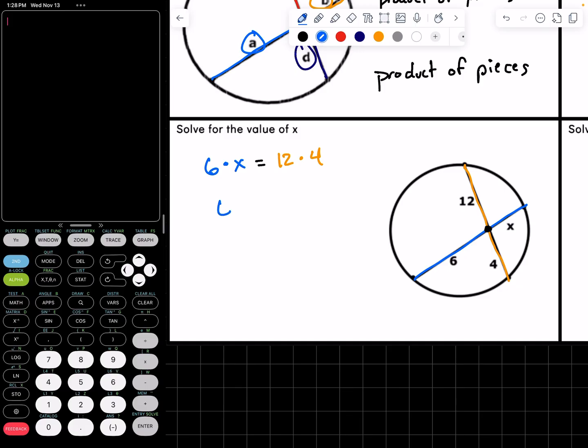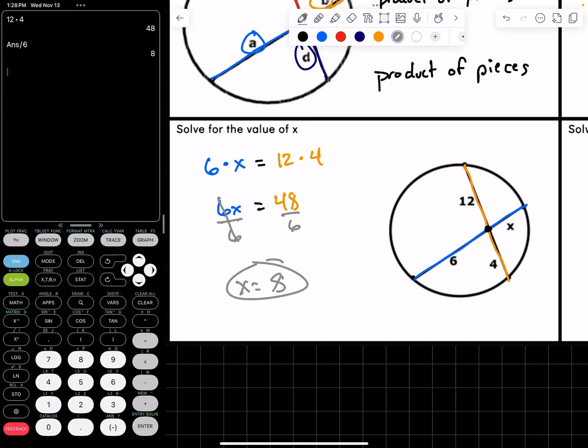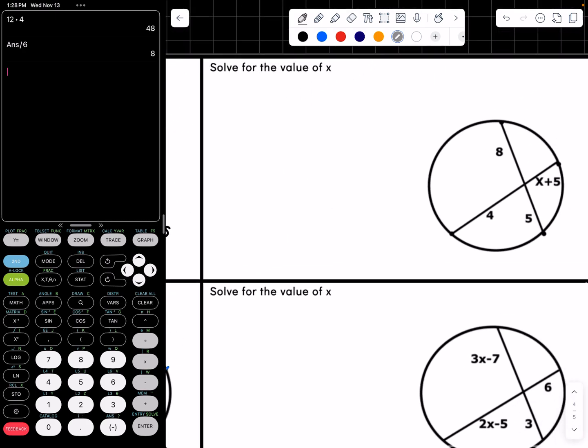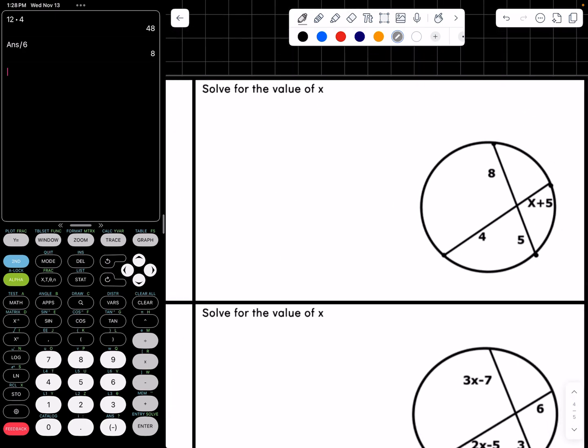So I've got 6x equals 12 times 4 equals 48. I want to get x by itself, so I'm going to divide both sides by 6. X equals 8. And that's it. Okay. So let's go a little bit deeper.